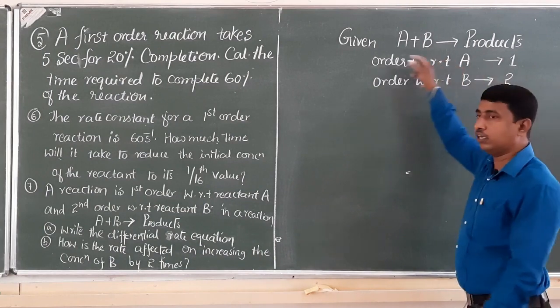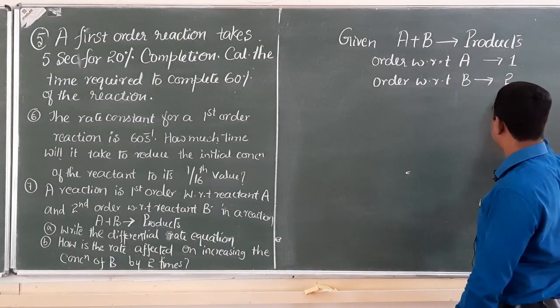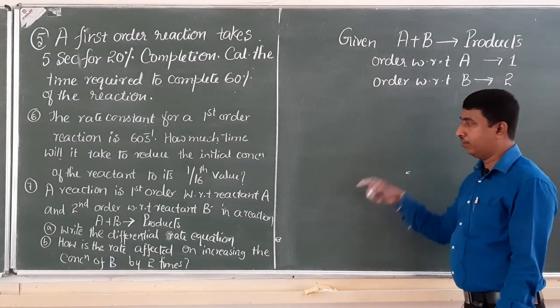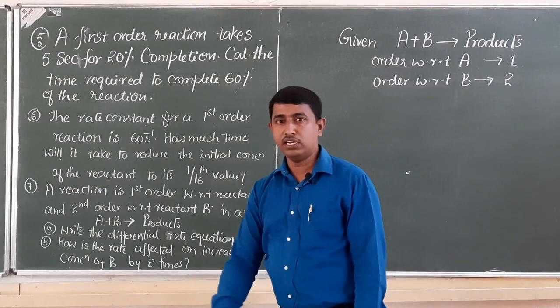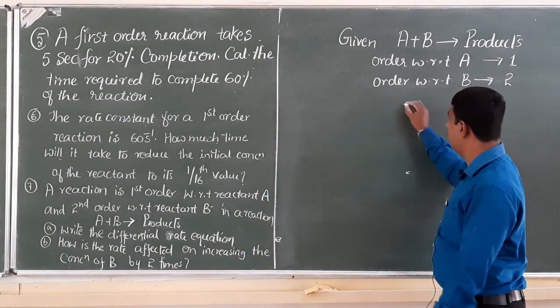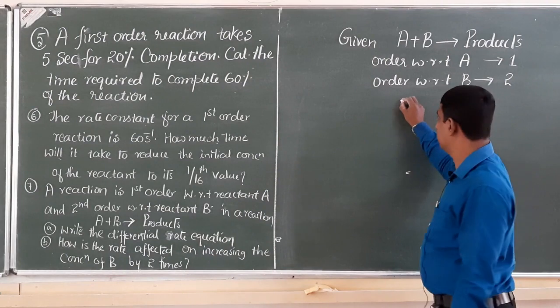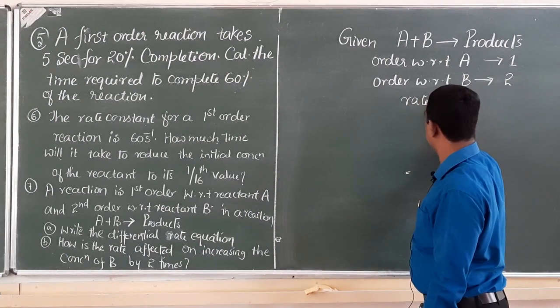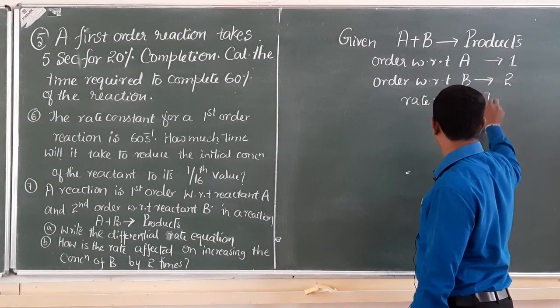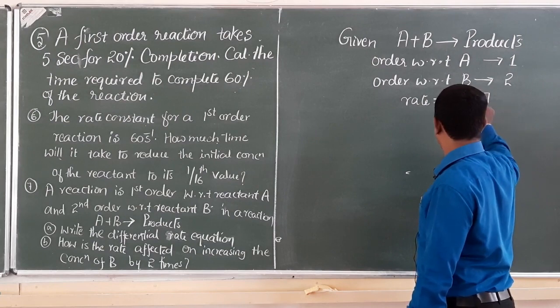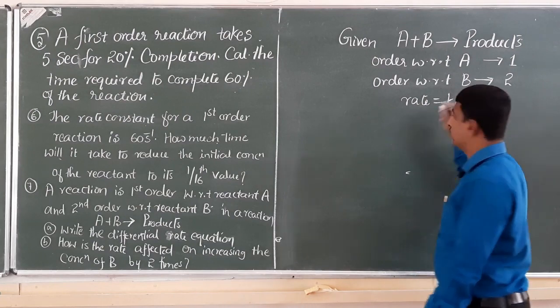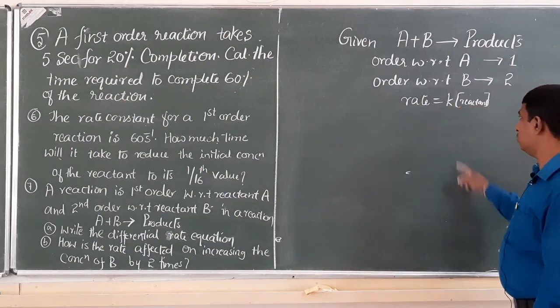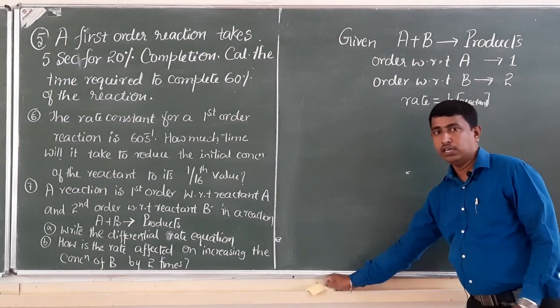So it is first order with respect to A, second order with respect to B. Now we have to write the differential rate equation. Usually we will write the rate law like this: rate is equal to K into concentration of the reactant.